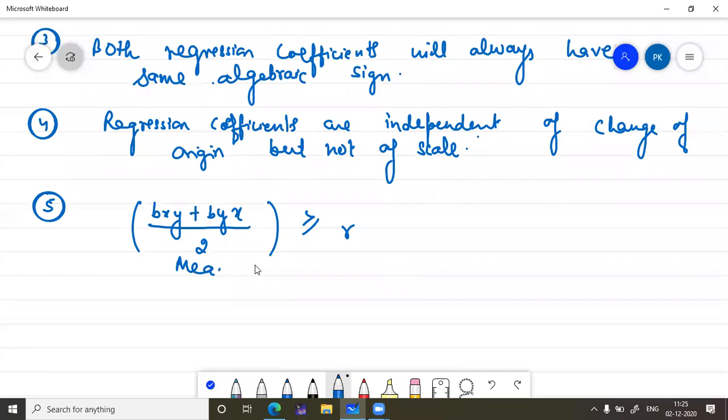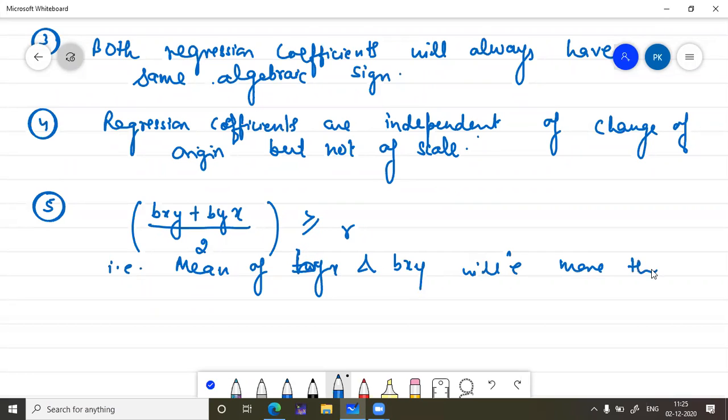The mean of byx and bxy will be more than or equal to the correlation coefficient r. So these are the important properties for regression coefficients.